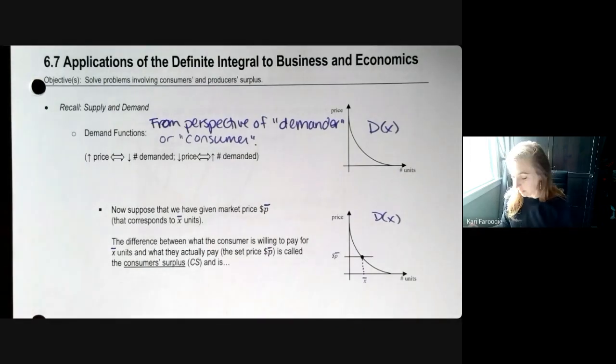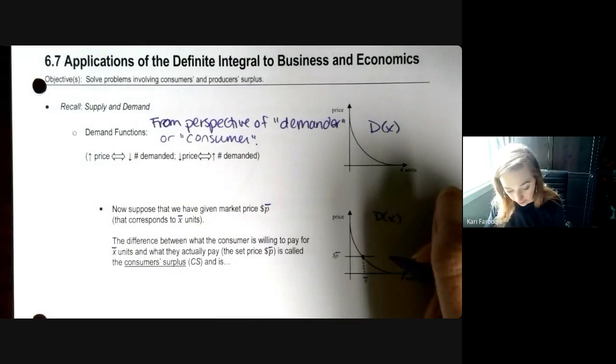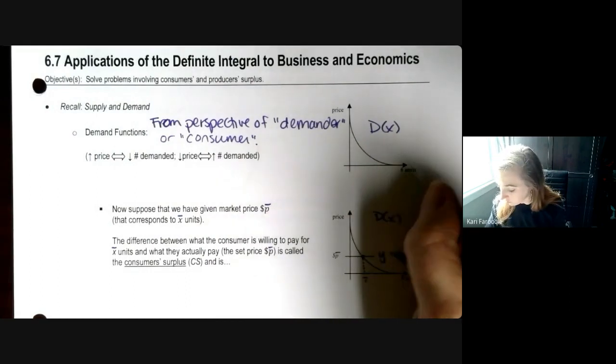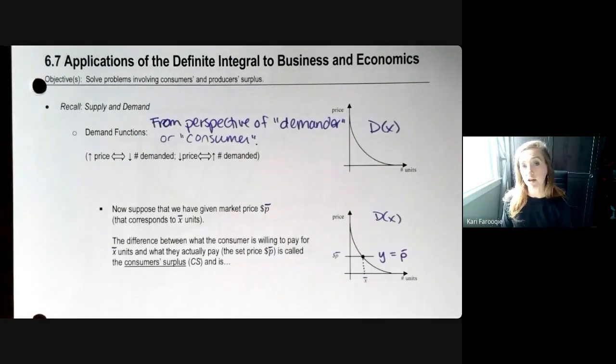And again, your text has sort of a deep dive into all the little rectangles and all the ways that you come up with the sums here. But this is just the value for Y, which is that set market price, P bar.